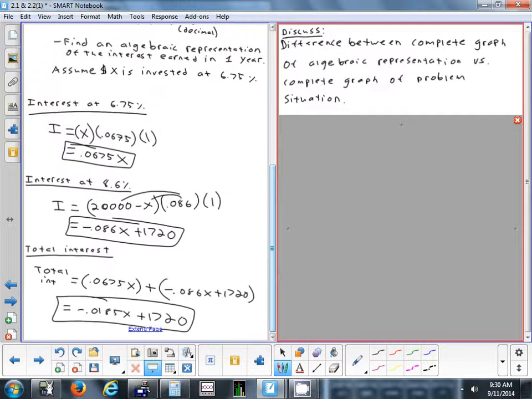When we're talking about the actual problem itself, negative amount of money to invest wouldn't make sense, and a negative amount of interest wouldn't make sense. When we're looking at the algebraic representation, that's when we're showing all the features of this equation, forgetting about what it represents actually. Showing the intercepts, showing minimums and maximums if it's curved, and things like that. Okay, so any question on the difference between those two?